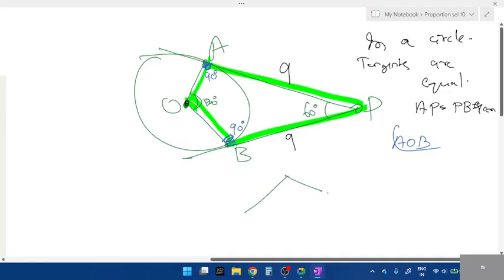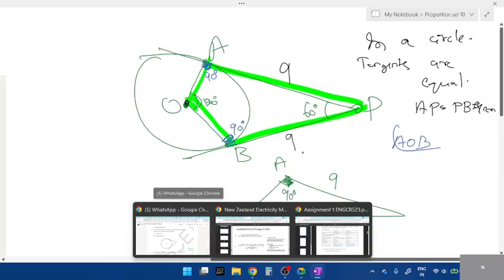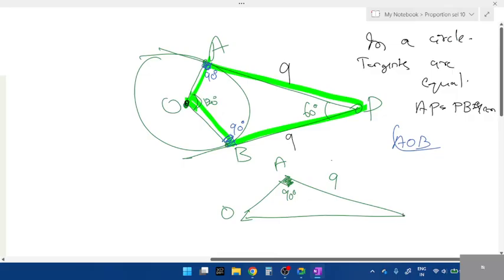So for side OB, this is O, this is A, this is 9 centimeter, this is 90 degrees. Yeah, one value is missing. Okay, we'll try to do this.